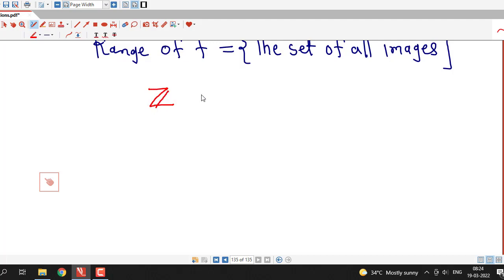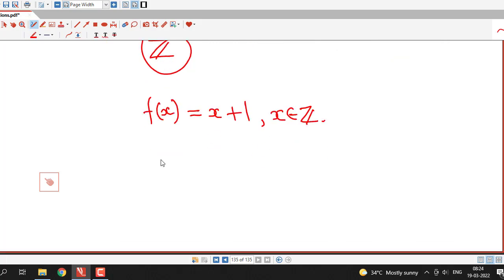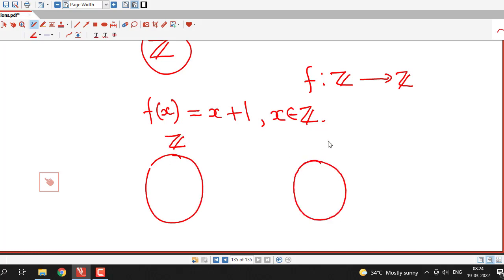Suppose we consider the set of integers denoted by Z, and define f(x) equals x plus 1, x belongs to Z. Then f is a function from Z to Z. For every integer we assign a unique element y equals x plus 1.